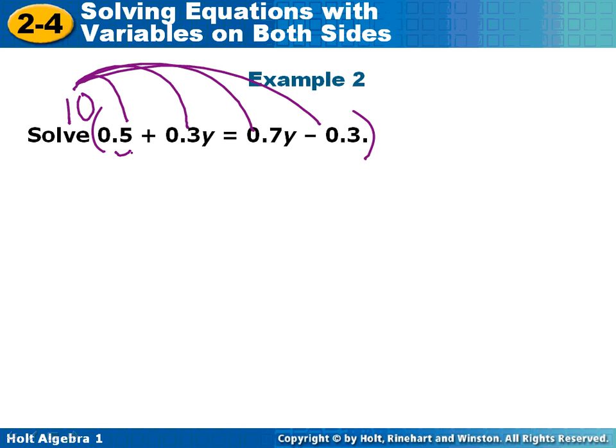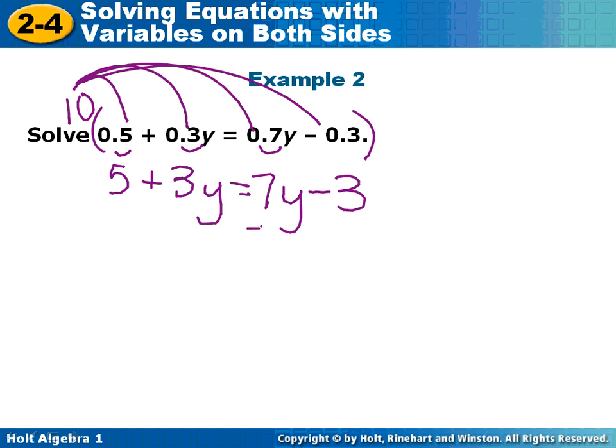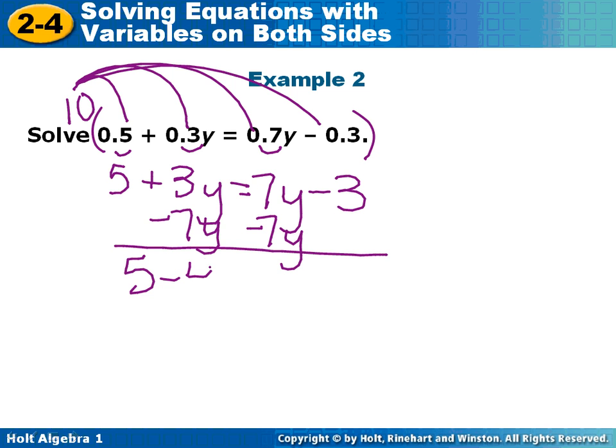10 times 0.5, move the decimal over, 5. 10 times 0.3, move the decimal over, 3y. 10 times 0.7 is 7y. And 10 times 0.3 again is 3. Letters to the left, I'm going to subtract 7y. 5 minus 4y is negative 3.